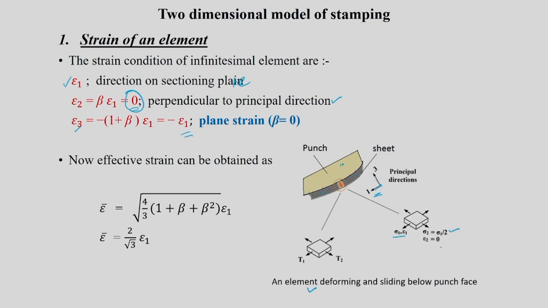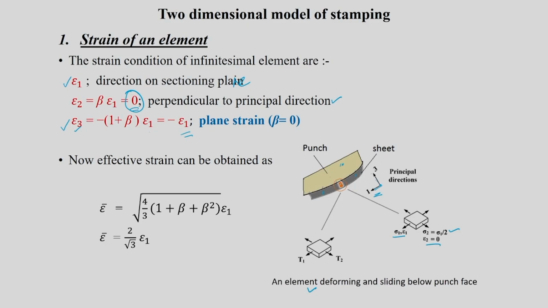So if beta is equal to 0, what will be alpha? We will see epsilon 2 as 0, and sigma 3 is anyway 0, because we assume the plane stress assumption here also, and epsilon 3 is already here. So this is the situation we have, and you know how to get epsilon 1 and epsilon 3.